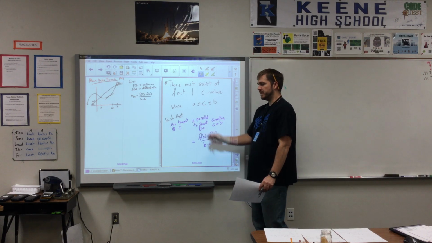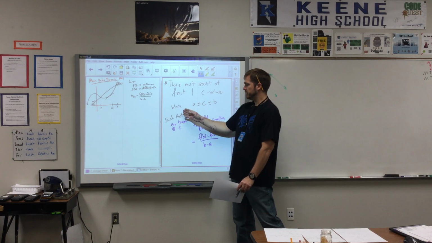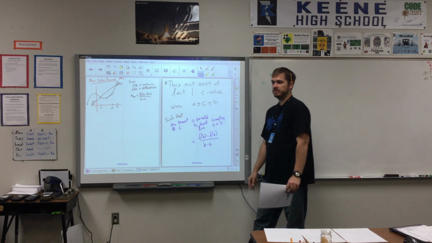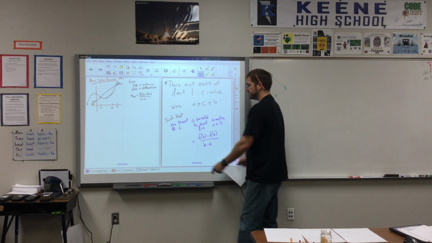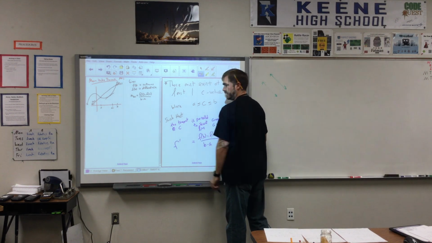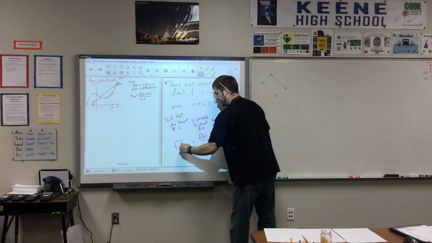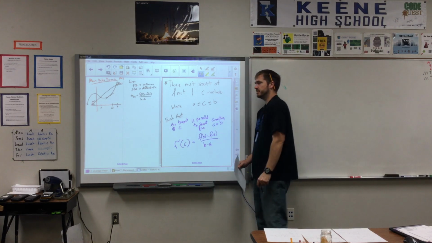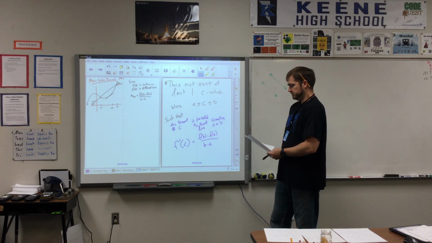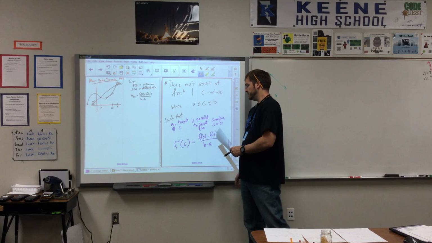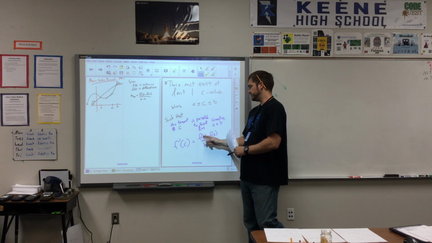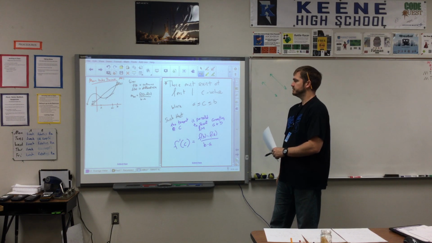What is the mathematical notation for the slope of the tangent line of a function at C? The derivative. So f prime evaluated at C. So the slope of the tangent line is equal to the slope of the secant line.